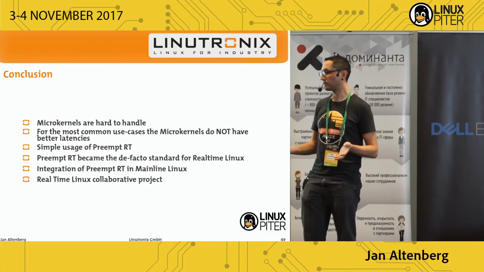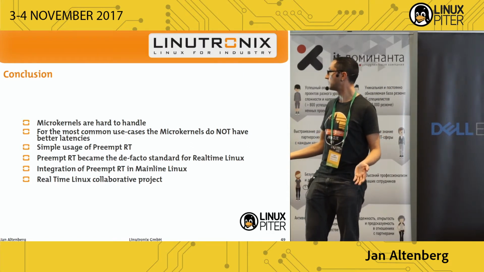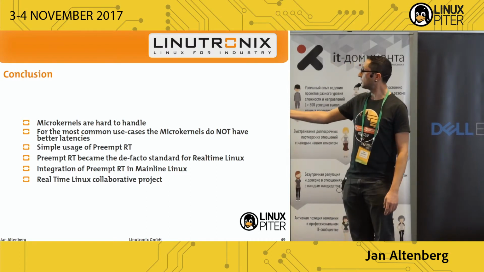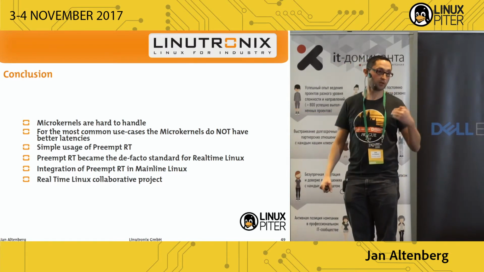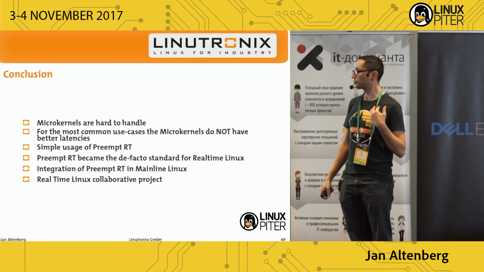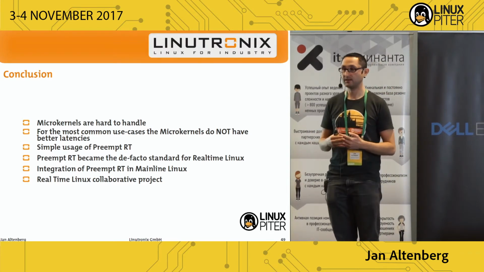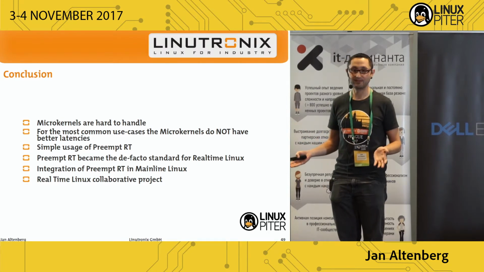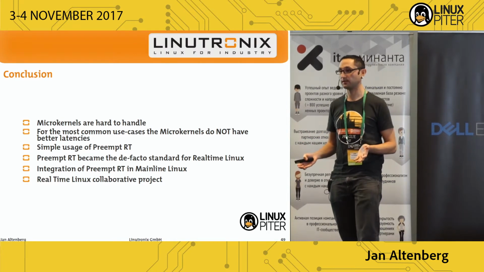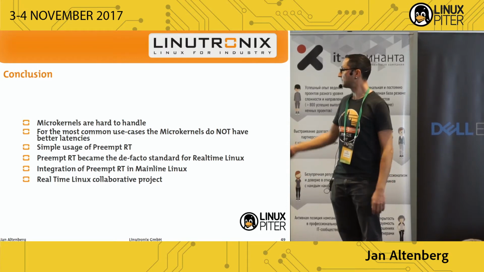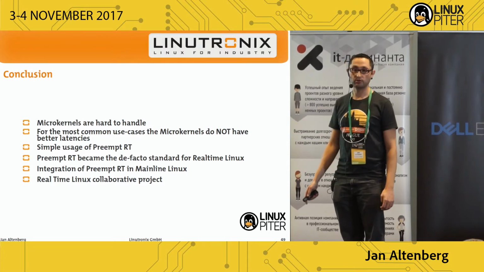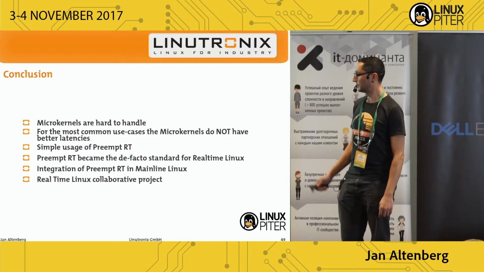For the user space latency, it was pretty much the same. So at the end of the day, we have preempt RT coming up as the de facto standard, showing pretty good results. It's the technology which went mainline. So as you might expect, this is the recommendation I would give to you if you have real-time requirements. This is the technology you should check out, and check out the real-time preemption patch.